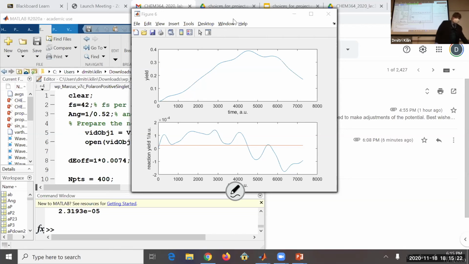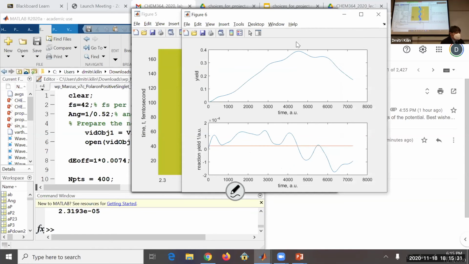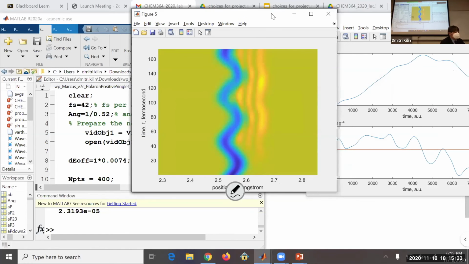Okay, so let's see what is in the folder. And here is the stuff that I like the most. There is a coordinate distribution in the form of oscillations, and then it leaves a part in the acceptor.